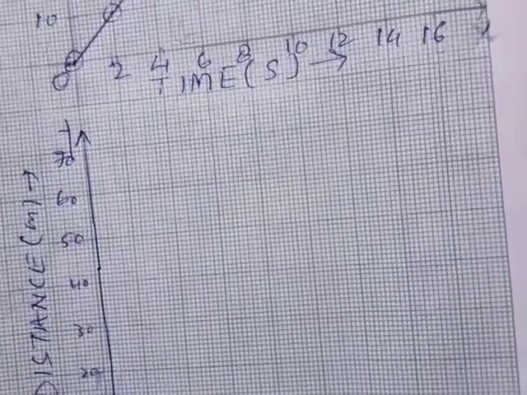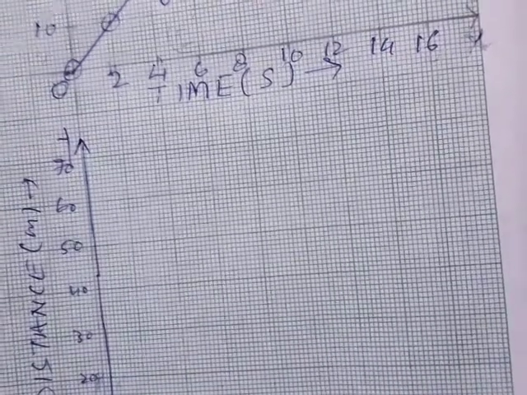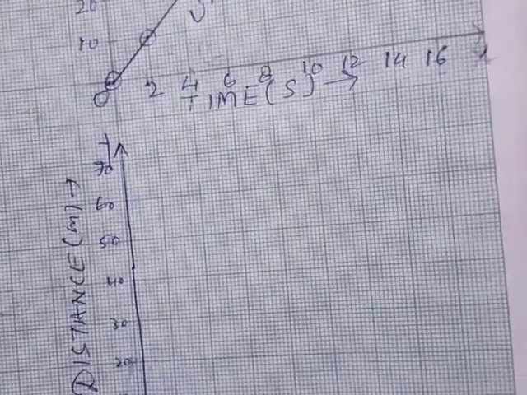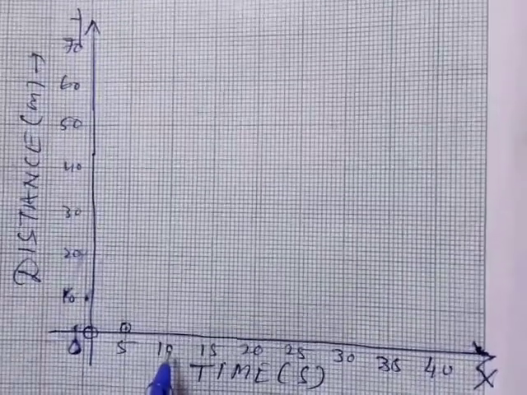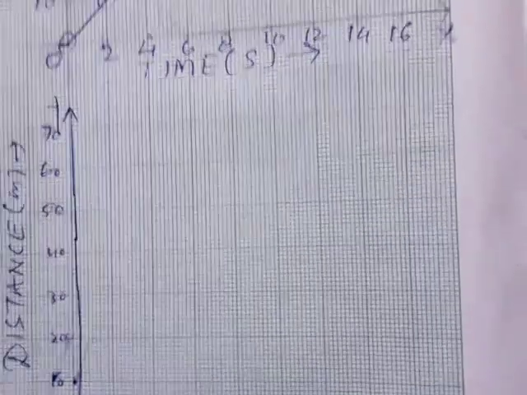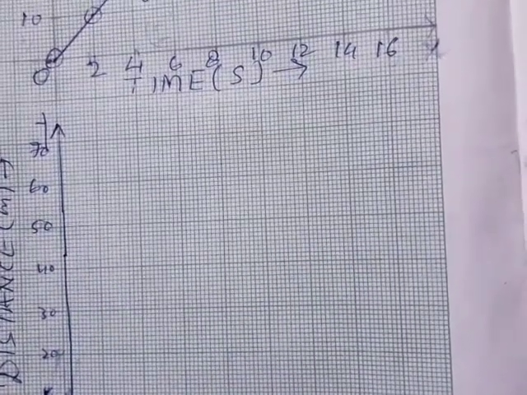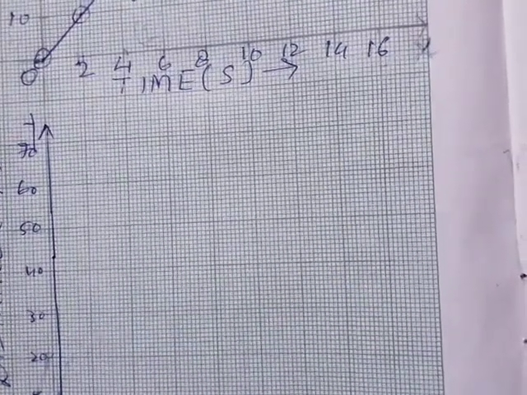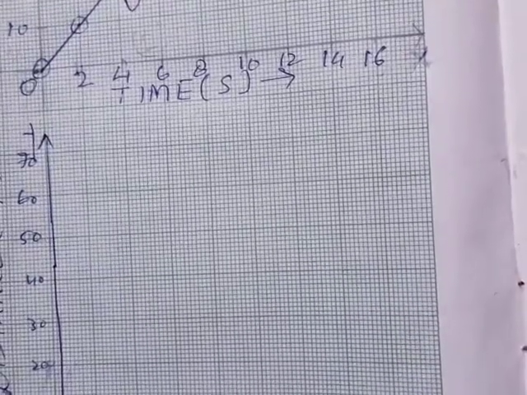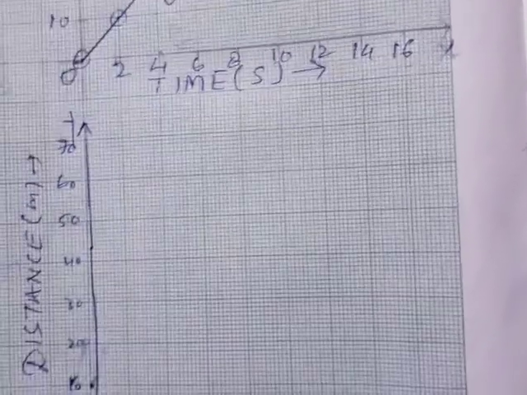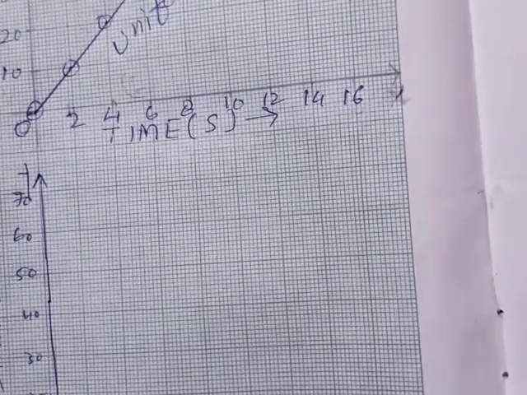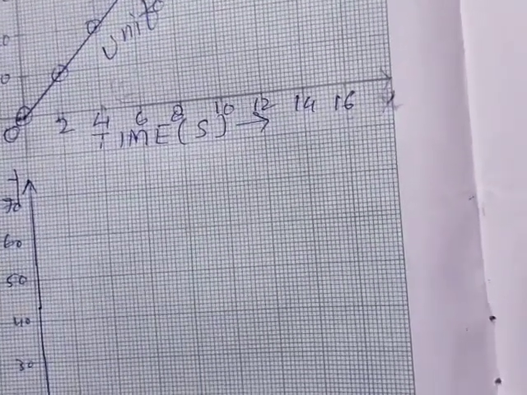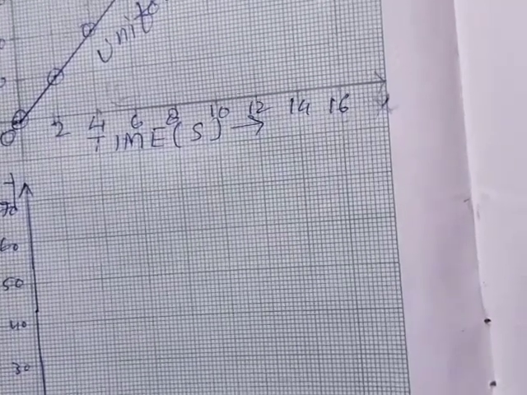This is this line only, just above the time axis. Then after 10 seconds the position is 4. So where is 4? 1, 2, 3, 4 is here. After 15 seconds it is 9. Where is 9? 9 is just below this.